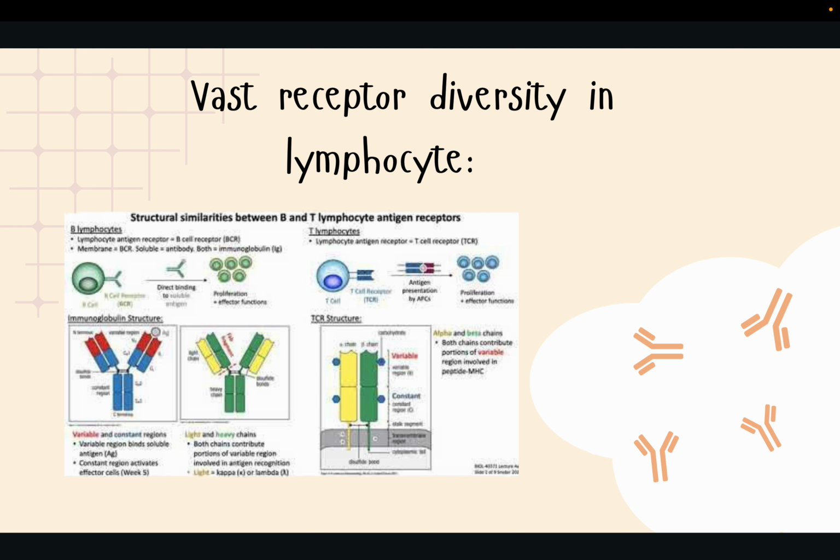How and why is the vast diversity of receptor structures in the lymphocytes generated? The vast diversity of receptor structures in the lymphocytes is generated through random rearrangement or recombination of the gene segments in the DNA coding for the lymphocyte's antigen receptor.